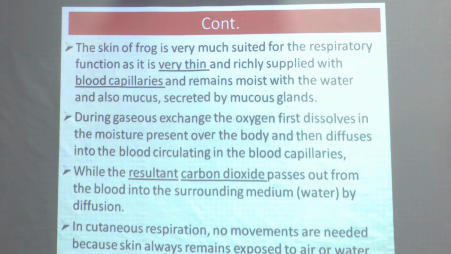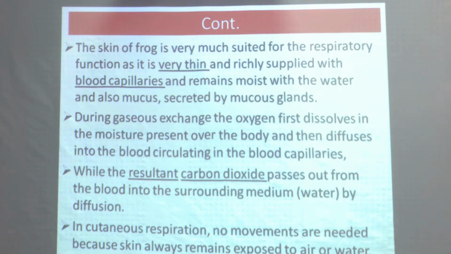Now, how does it happen? The skin of the frog is very well suited for the respiratory function, because it is very thin, richly supplied with blood capillaries, and remains moist with water and also mucus secreted by its mucous glands. During gaseous exchange, imagine this is the skin of the frog.